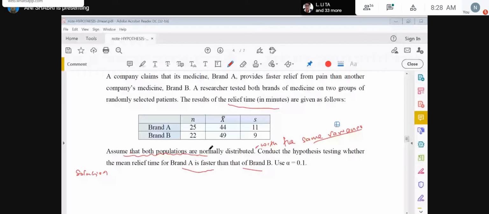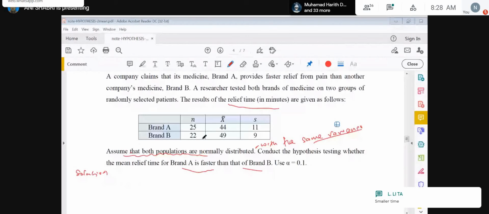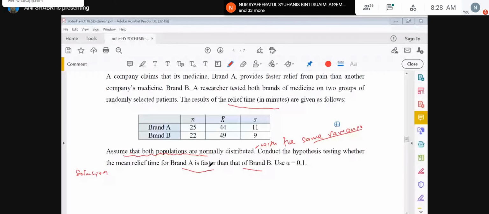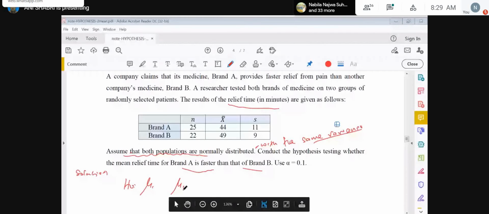Okay, for this one, if you write the hypothesis using equal, it is wrong. Equal or not equal is wrong, because we want to test faster or not faster. So H0: mu A is greater than or equal to mu B, against H1: mu A is less than mu B. Okay, what is the symbol? Smaller. Smaller letak dekat mana?